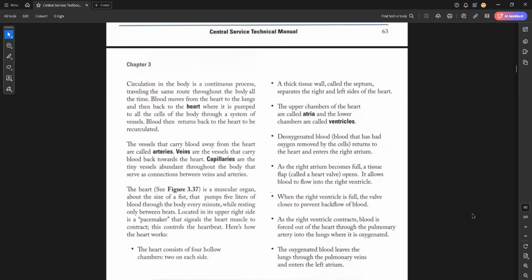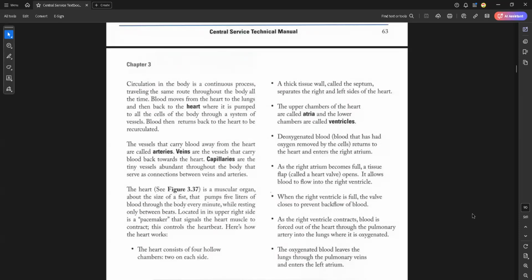Then the arteries will carry it back. So we have veins and then we have arteries. The veins carry blood back towards the heart. So when they are mixed with oxygen is very key. Without the oxygen, every human cell will die because they need oxygen.